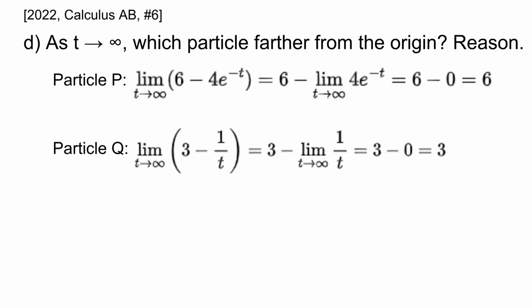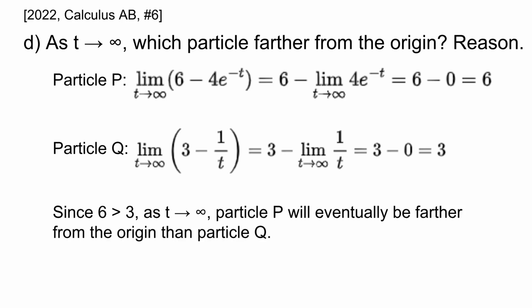For particle Q, the limit as t goes to infinity of 3 minus 1 over t is 3 minus the limit as t goes to infinity of 1 over t, which is 3 minus 0, or just 3. And since 6 is greater than 3, as t approaches infinity, particle p will eventually be farther from the origin than particle q.